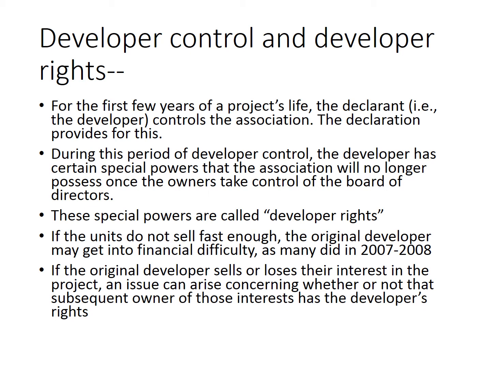And these developer rights are designed to help the developer sell out so the project doesn't fail. If the units do not sell out fast enough, the original developer may get into financial difficulty. They may not be able to pay back their loans to the banks that funded the construction of the project.